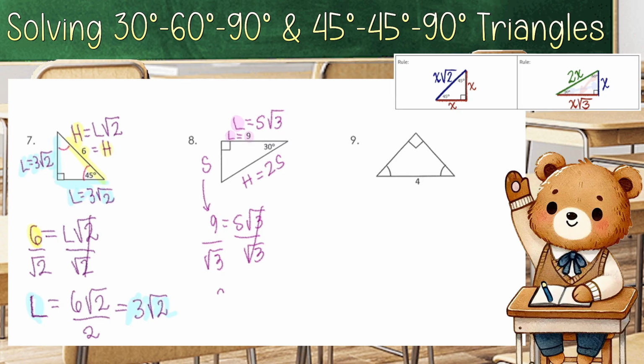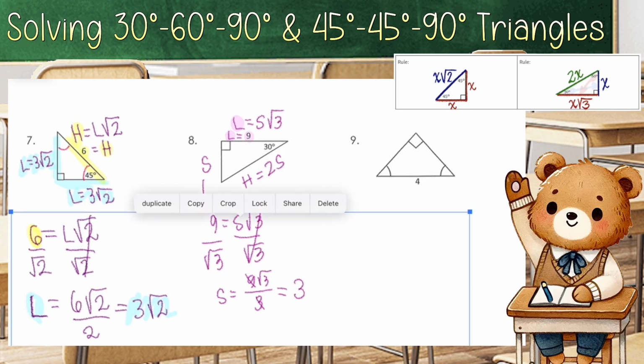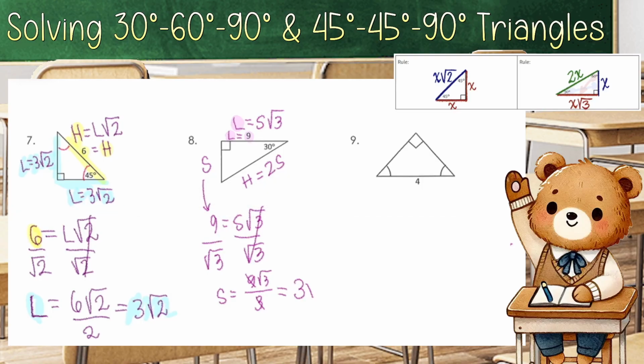So S equals 9 over root 3, but we're going to rationalize our denominator. So 9 root 3 over 3. Don't leave your answer like that. 9 and 3 reduce. Final answer is 3 root 3.